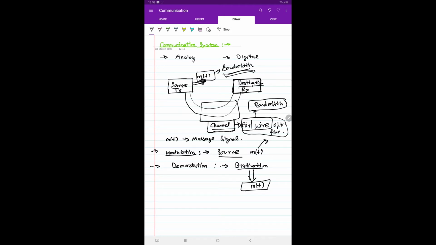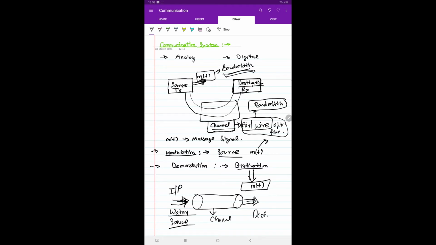So you can imagine this using a simple example, like this is a pipe, and this is the input where water is going in, and from the other end, this is the source, and this is the destination.